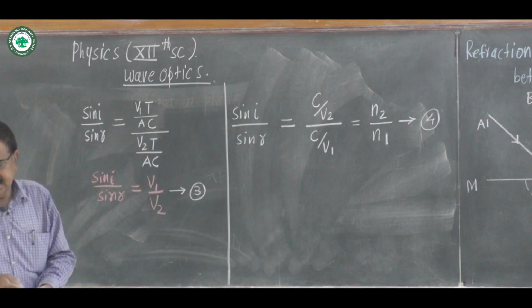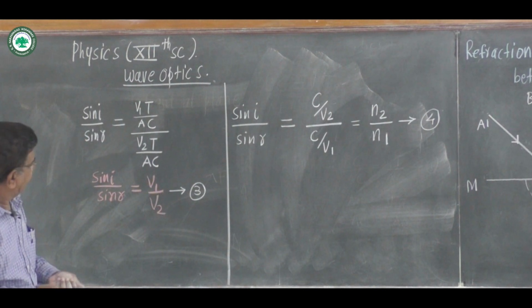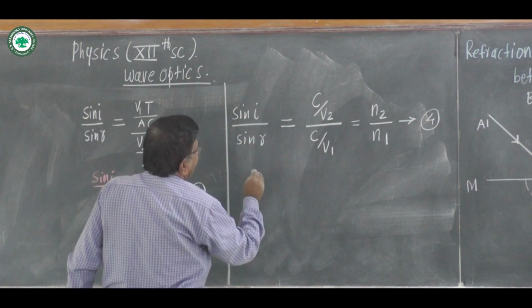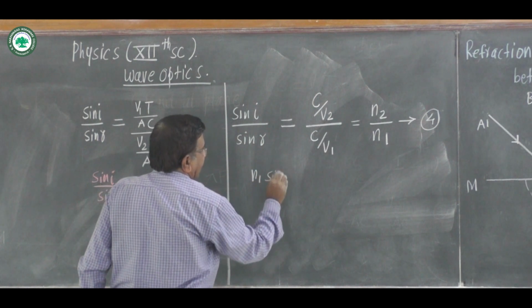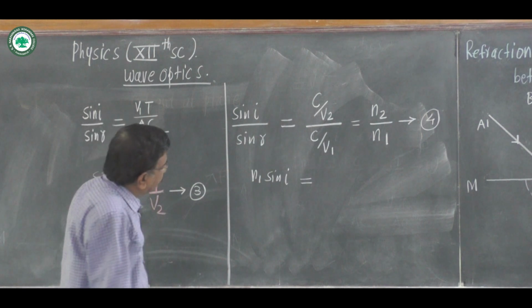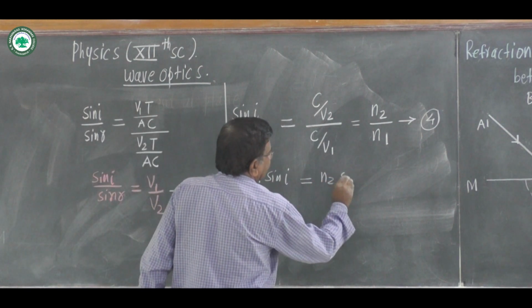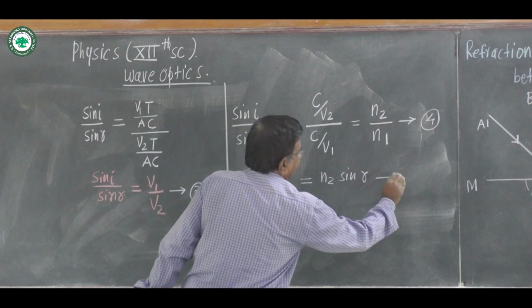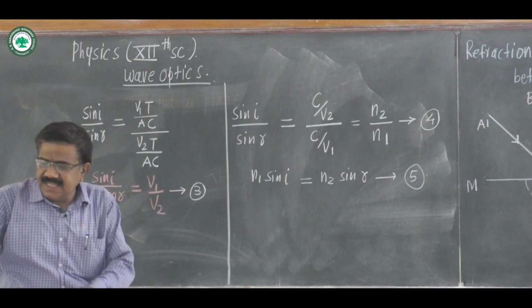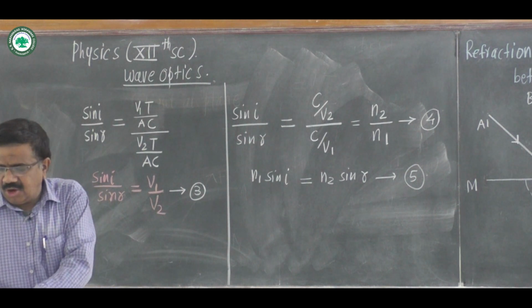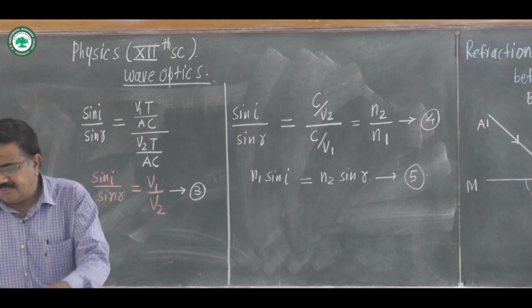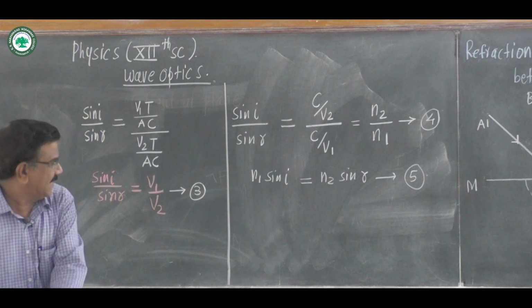From equation 4 we write N1 sin I is equal to N2 sin R. And this equation 5 is nothing but Snell's law of refraction.